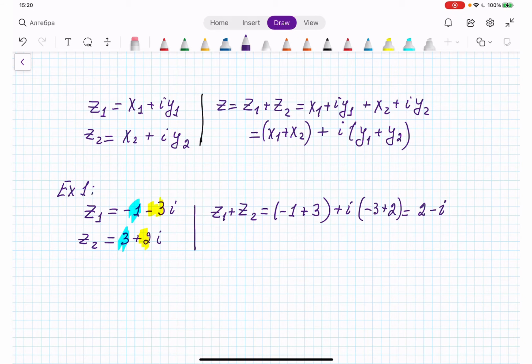Example 1. We do example 2. Okay, so what do we have in this case? z1 is equal to -1, z2 is equal to i.